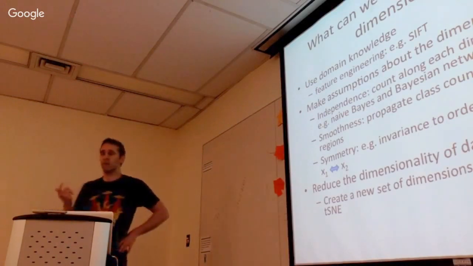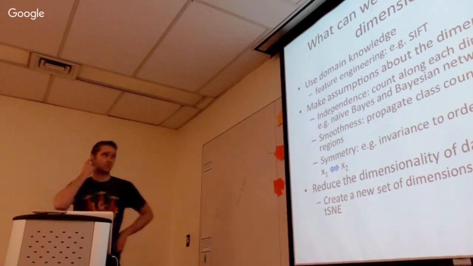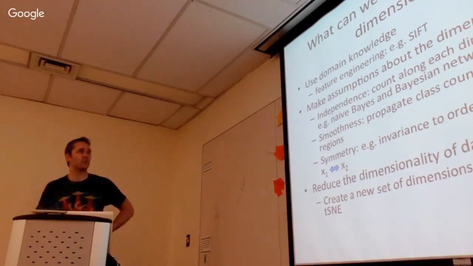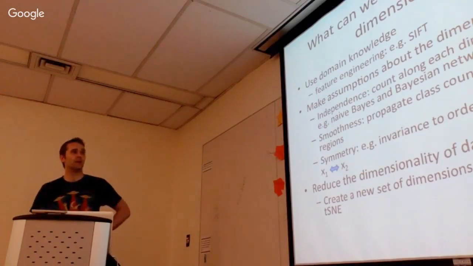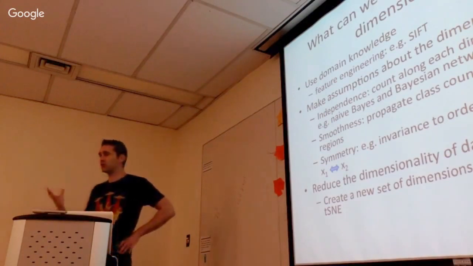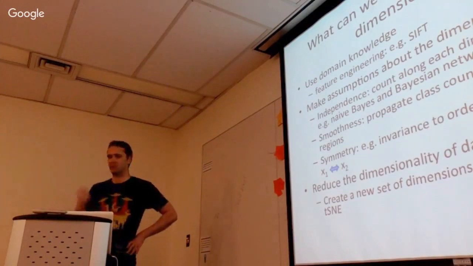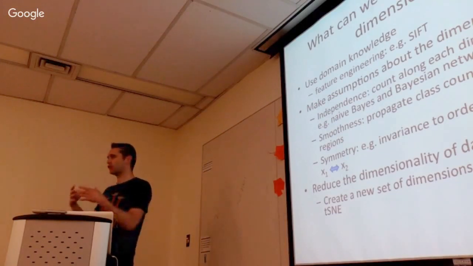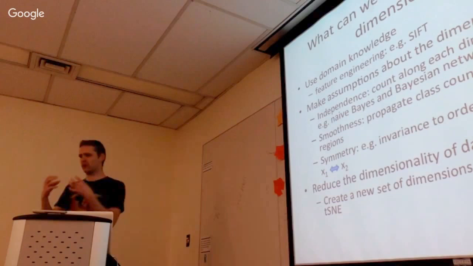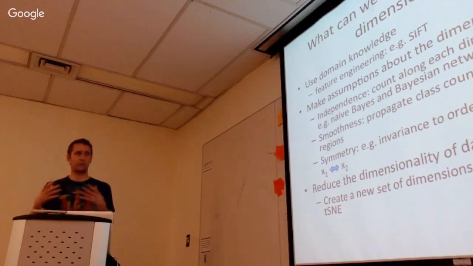The first is domain knowledge. This is often used, let's say, if you want to analyze images, where some expert will come up with a way to take an image and extract certain very precise features, and then you just work with those features.